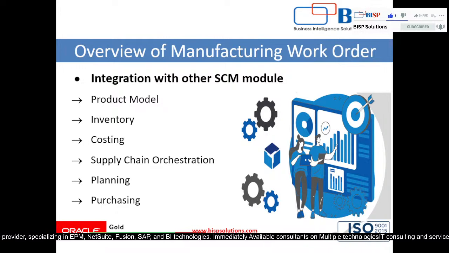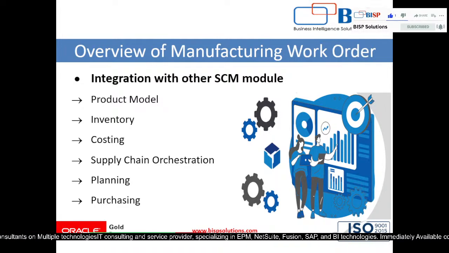So start from the product model. It's showing the items and the item structure details and the other attributes referred from the product module, right? So whenever you want to fetch the item information in the work order, we have to use this product module, right?